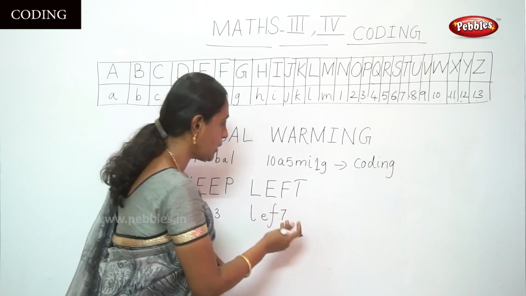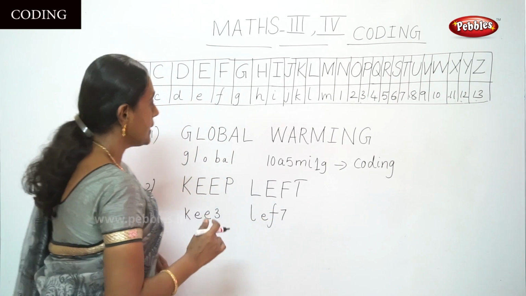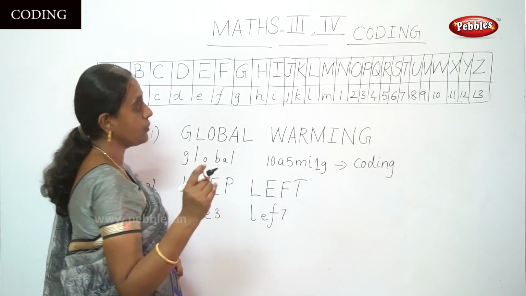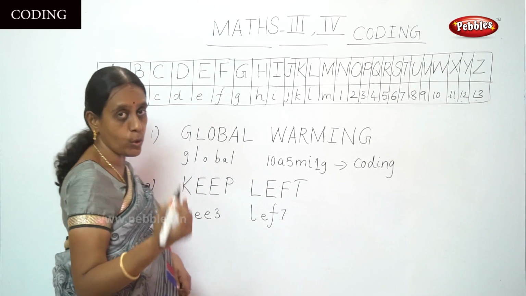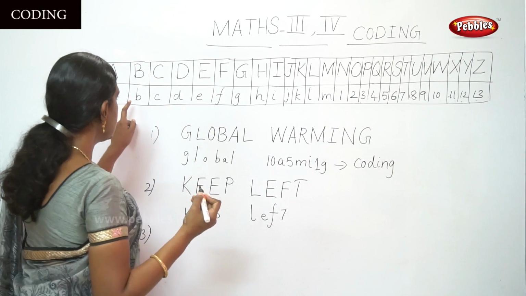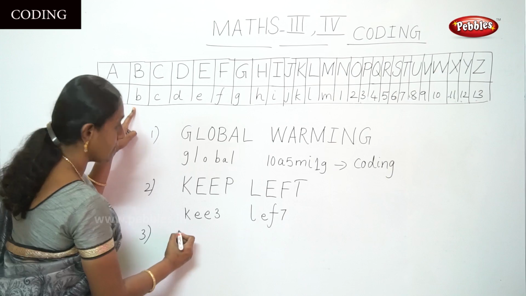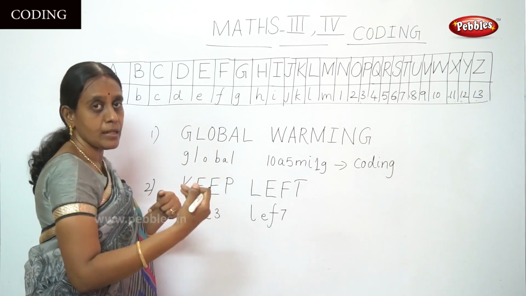How to find out the words? For example, beware of dogs. This is our third example, decoding. For beware of dogs, here is small b. We have to write the coding representative letters.